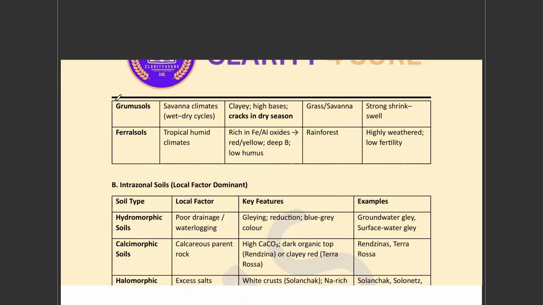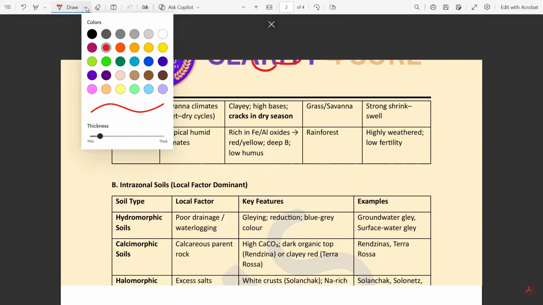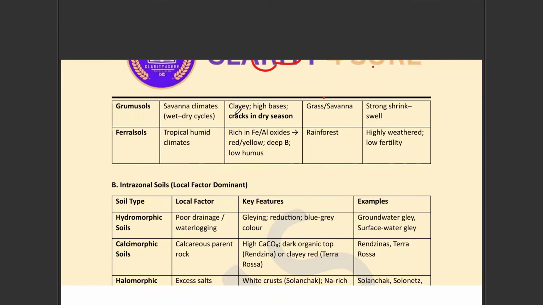Now moving forward to the last two classifications of the zonal classification. Here we have the savanna climates. There the soil is called Brumosols, and it is clayey, high base, and it has cracks in the dry season. You have to note the point that it is clayey in nature.